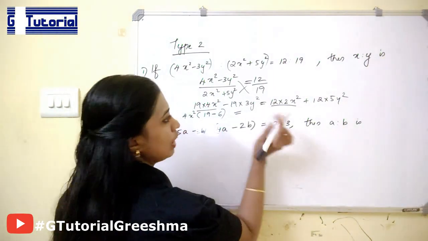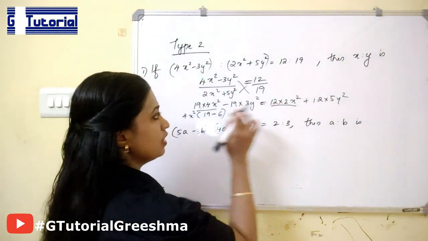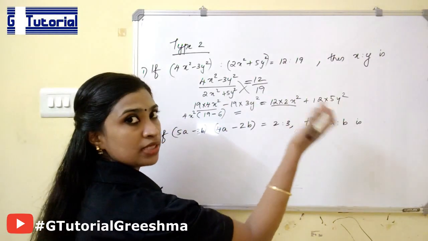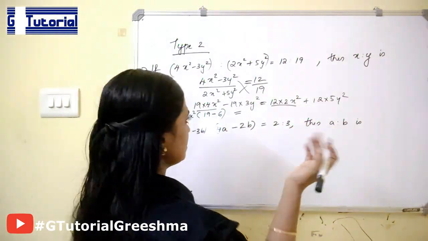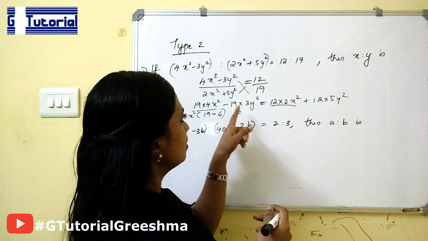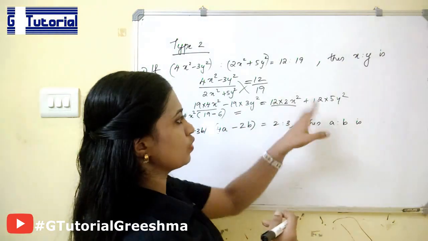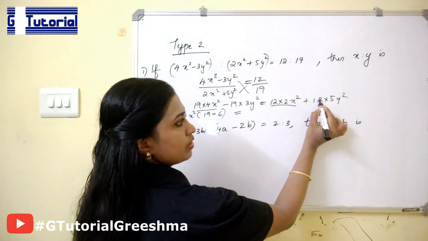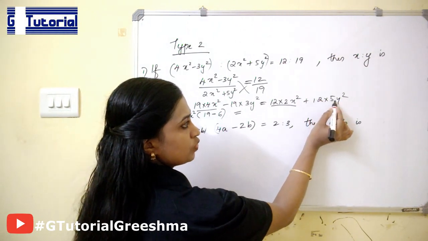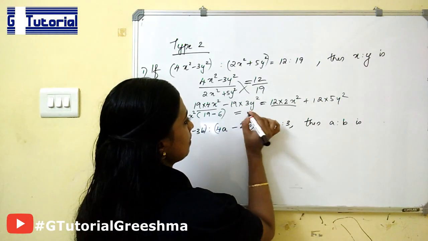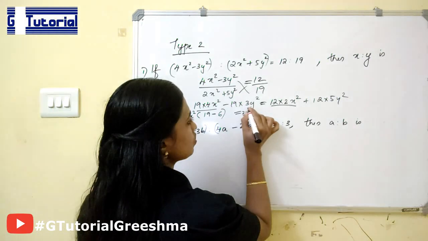Which is equal to, I am taking y terms to the other side. When a minus term is taken to the other side, it turns to be plus. Then I can take 3y square as common. When 3 is gone, 4 into 5, 20, is remaining. So I am taking 3y square common.